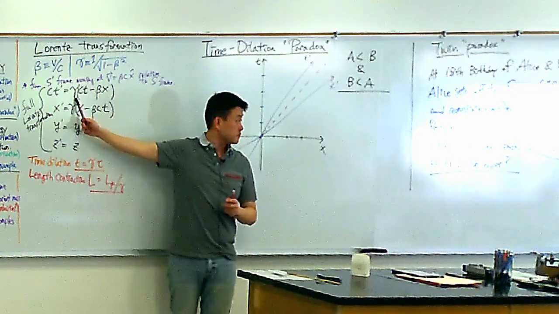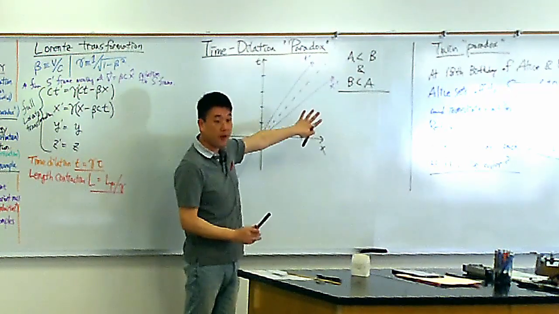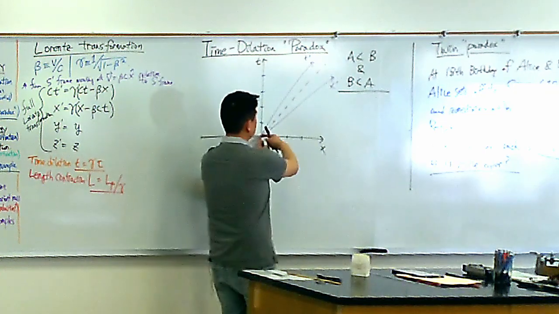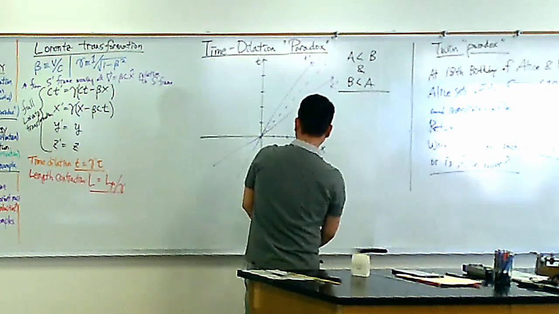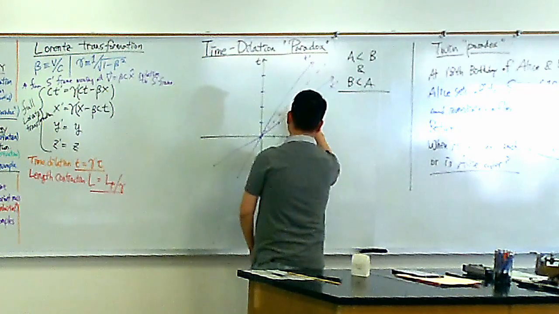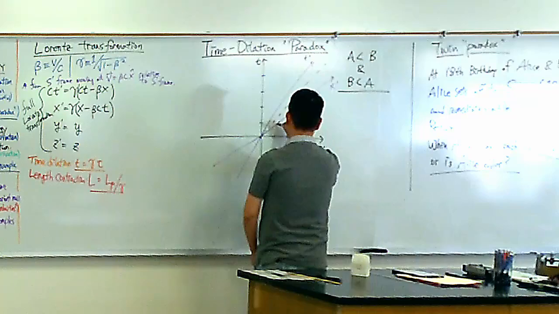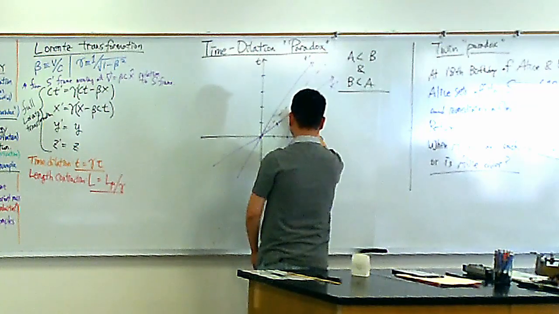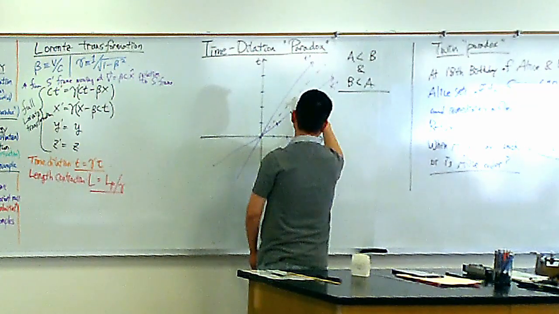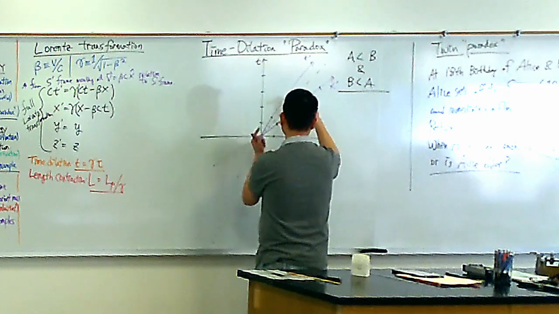So the spacing, as drawn in this reference frame from the left frame, will look like it's getting longer. So let me draw that. I don't know if I can draw that well. If they are a little bit off, forgive me. So something like this. It'll appear to be more widely spaced because of that gamma factor.